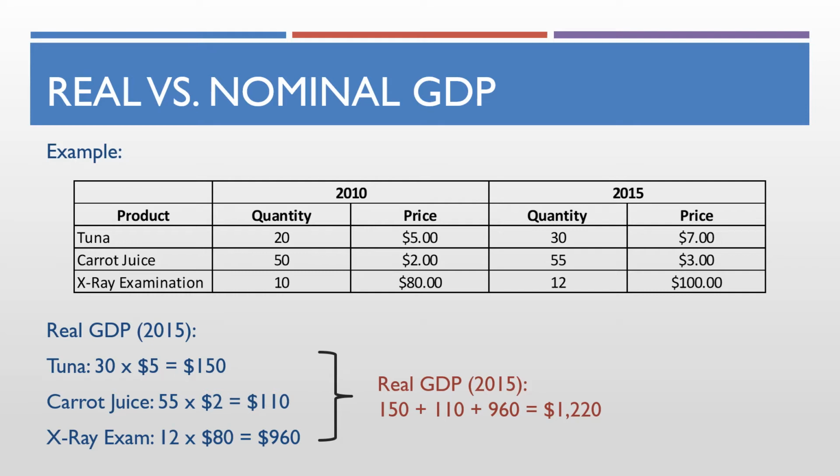Because now the prices that we use to calculate the real GDP in both periods, or multiple periods, will be exactly the same. The only change in those periods will be the quantity of each good. So now we can actually make conclusions. In 2015, this country actually produced $220 worth of goods more than in 2010.